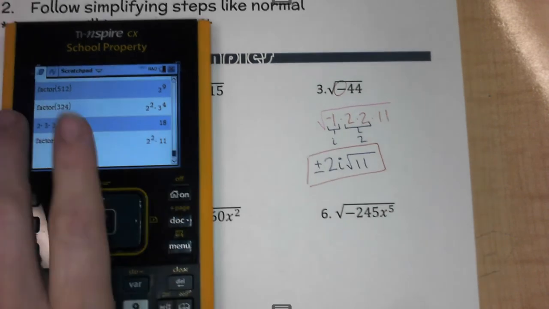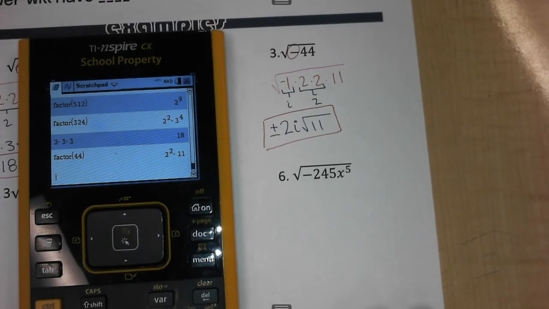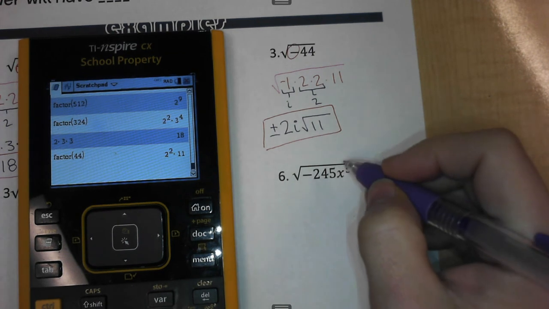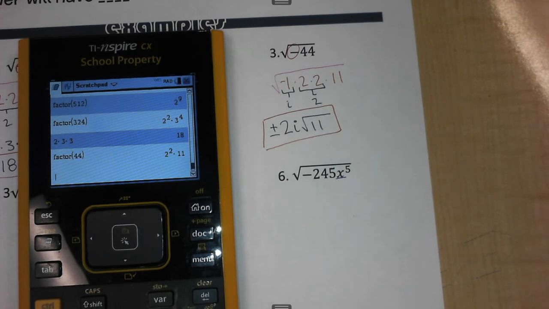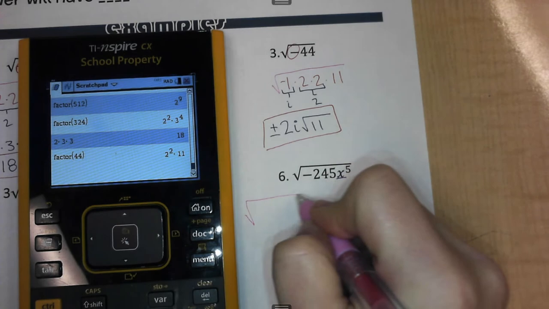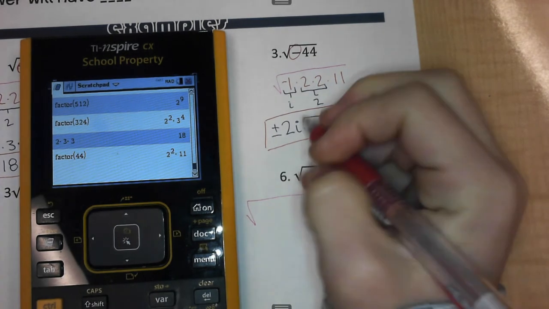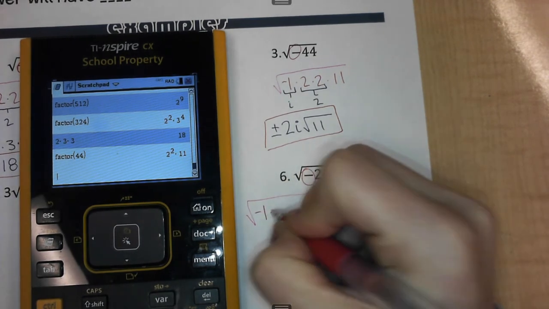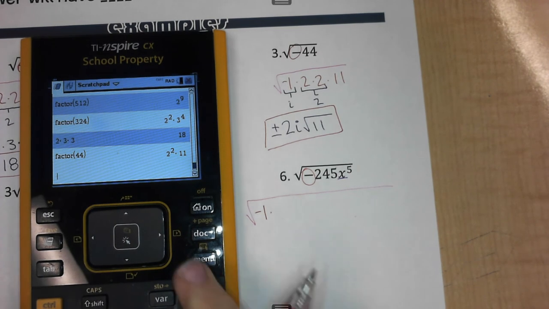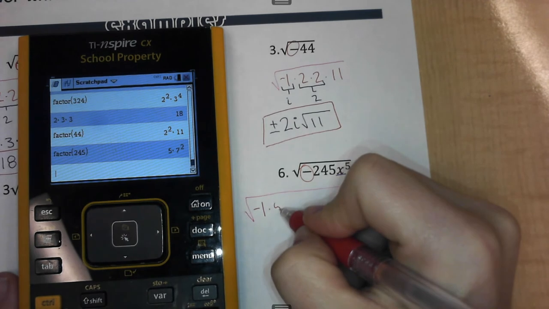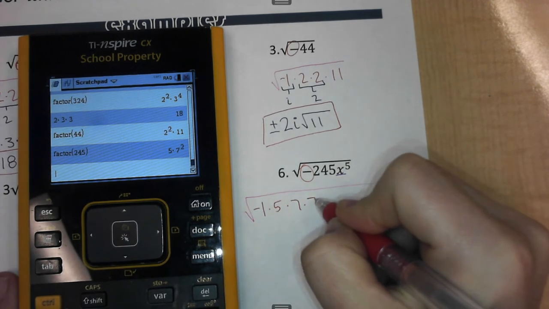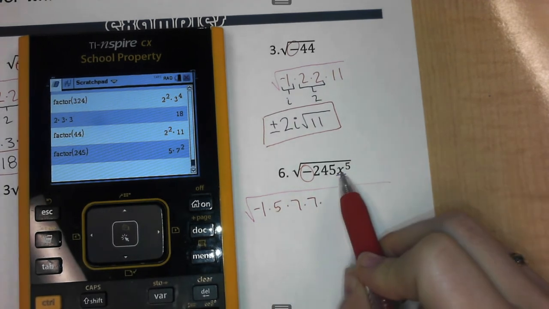Okay, let's look at number 6 because this is the first time we're seeing a variable underneath. And we can still take the square root. So we're still going to be listing all of these factors underneath our radical. So our negative is this negative 1 right here. Let's find factors of 245. We've got 1 5 and 2 7s. What are the factors of x to the 5th?